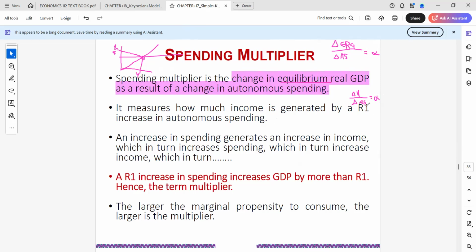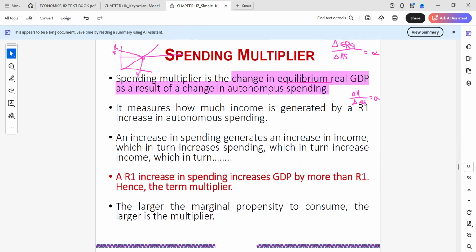I'm saying any component because now we are looking at the four sector model, right? And autonomous aggregate expenditure is not just investment, because in chapter 17, we only had investment as autonomous. But now because we're in chapter 18, the autonomous components have increased.